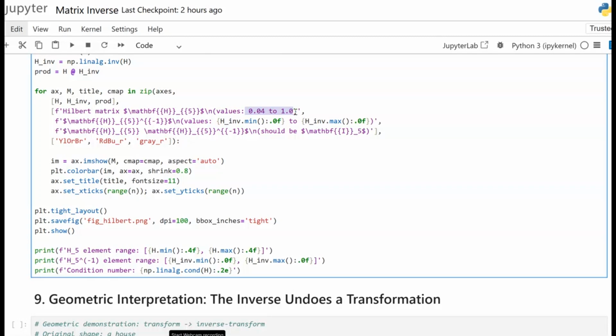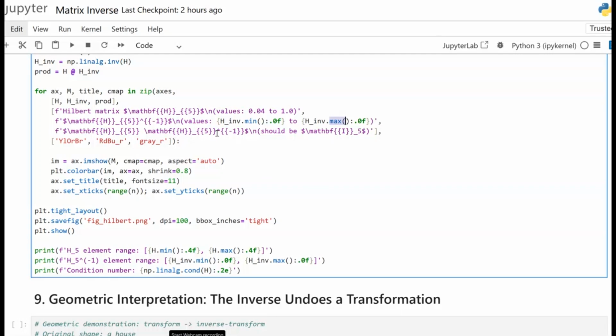For H inverse, the values are very large in magnitude, typically ranging from order of 10 to the power of 2 to order of 10 to the power of 5. And last, the product of H and H inverse.